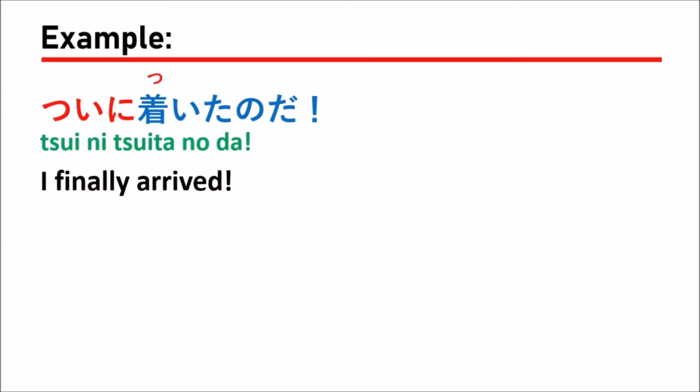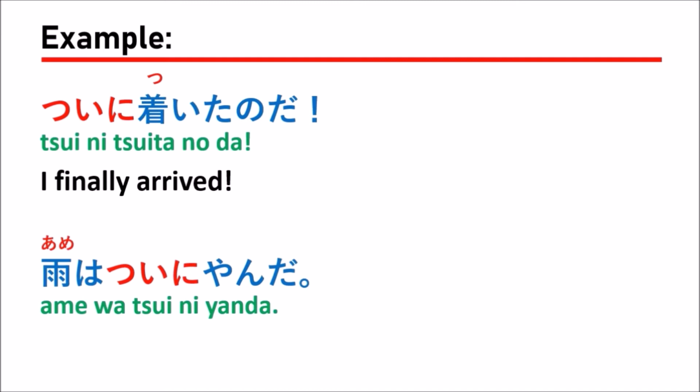That means you do something really hard in the middle of the way, and in the end, you can arrive at your home, or reach your goal, or get something that you want to do, you want to be. So you can say ついに着いたのだ.